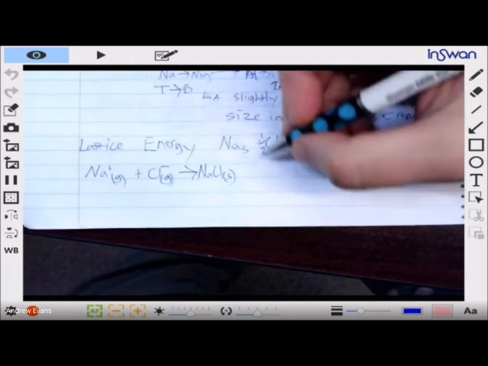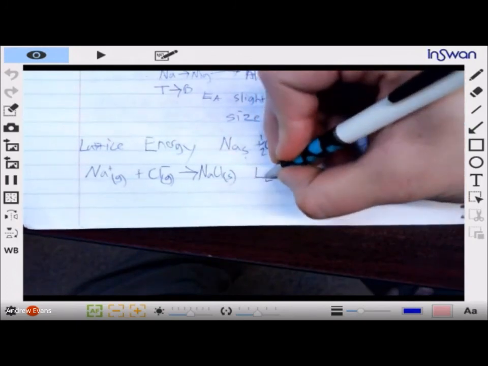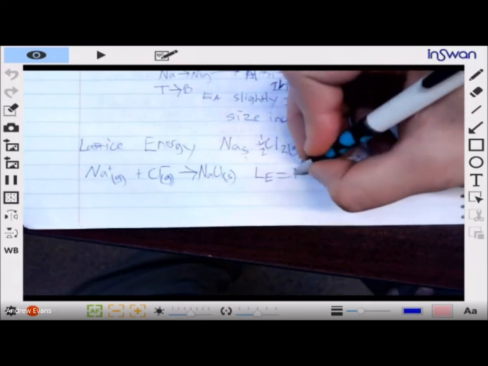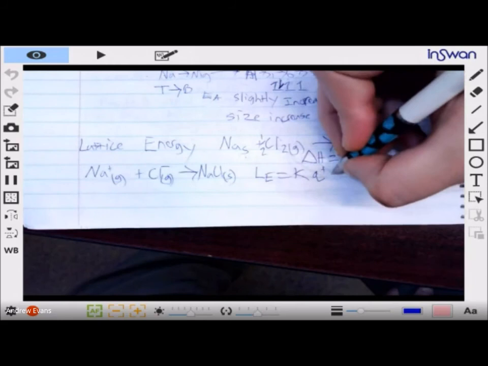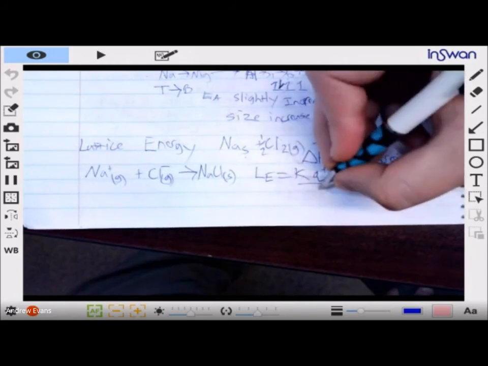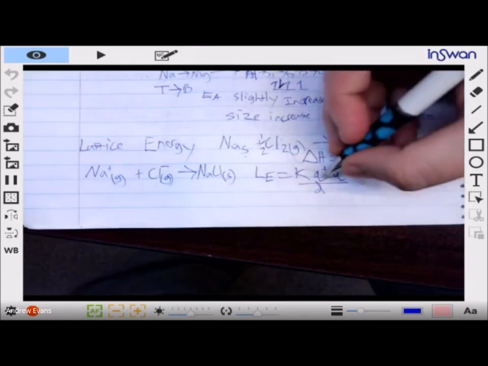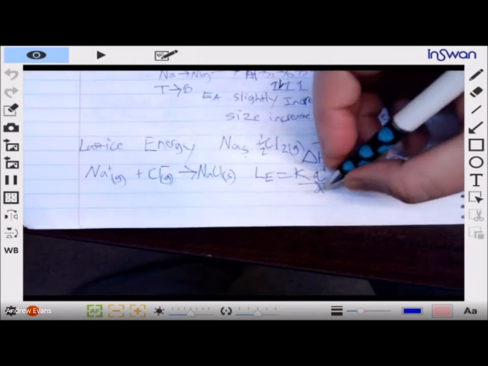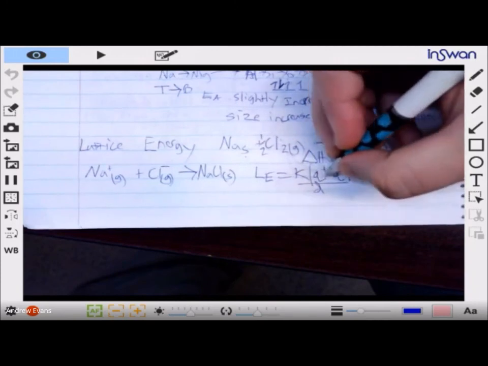And the lattice energy can be calculated. There's a constant involved that we don't need to worry about, but it's typically the positive charge times the negative charge divided by the distance. The absolute value, by the way. So +1, -1.